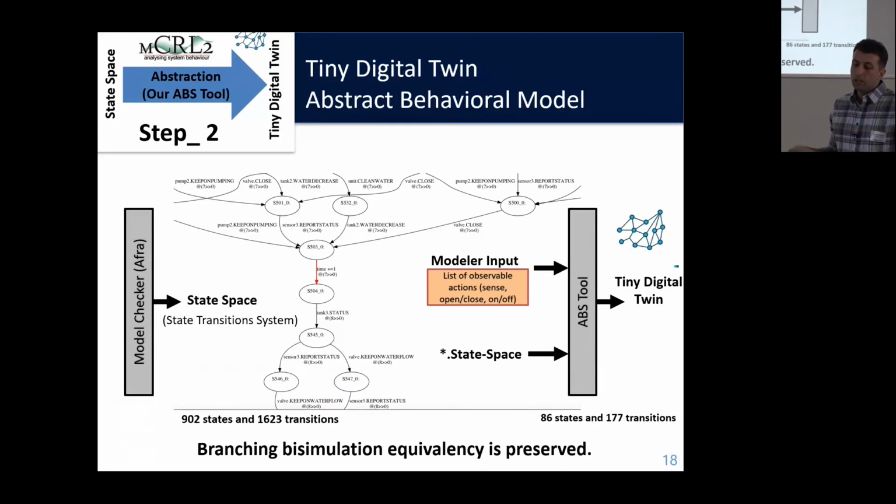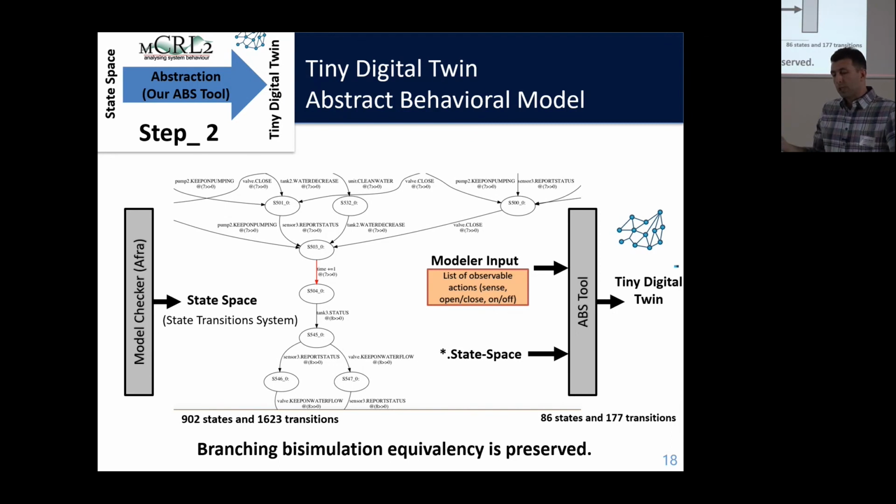Then we use this state space to be abstracted based on those observable traffic, sensing, or commands. So we use this abstraction tool, getting the labels of those commands and the sensors, and abstract this model based on these observable traffic.